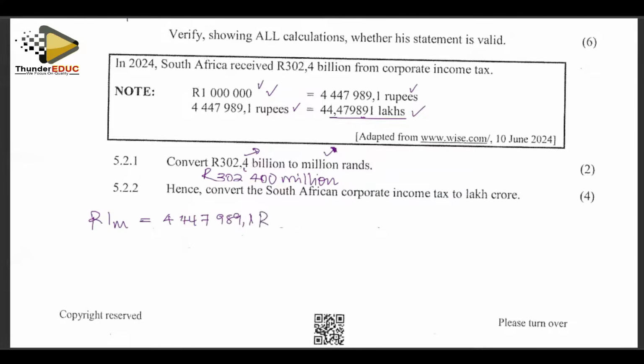These are rupees. These are rupees. Now, these are rupees, 1,000,000 rand. This is million. Now, where you have 300 and million, what will it be in rupees? That means you're going to multiply.